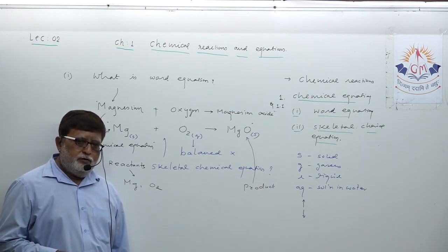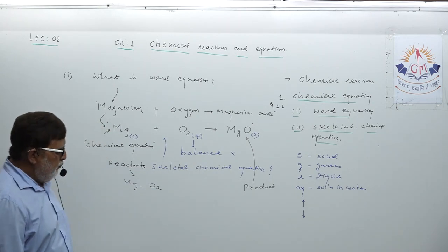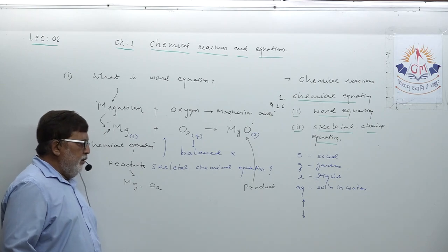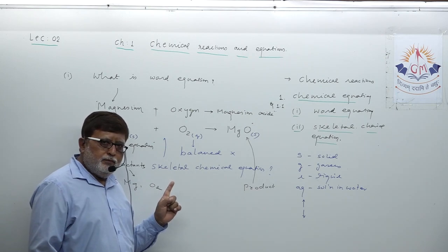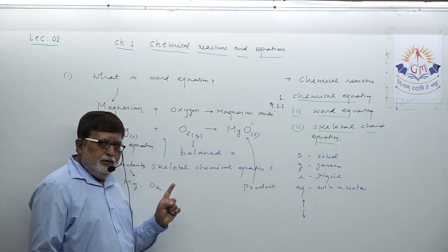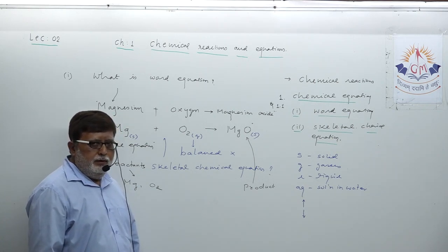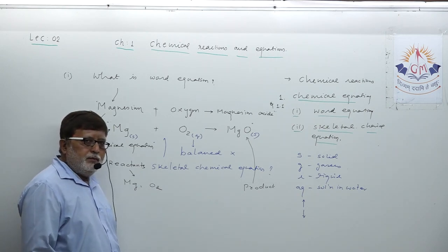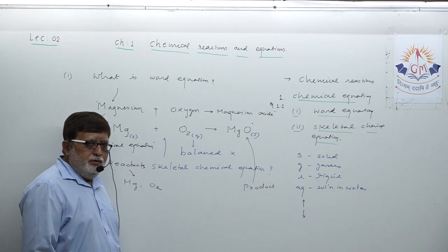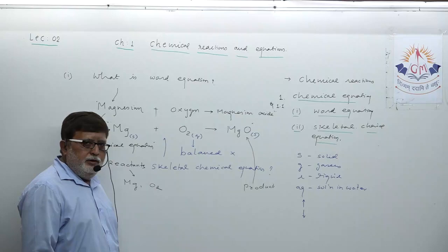To list out some of the features of any chemical equation, let us enlist a few. First, those substances taking part in the chemical reaction are known as reactants. In the same point, you can write reactants are always written on the left hand side of the equation.